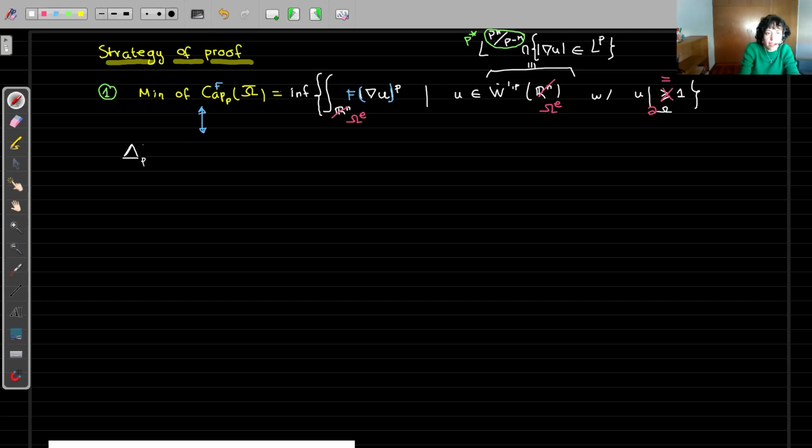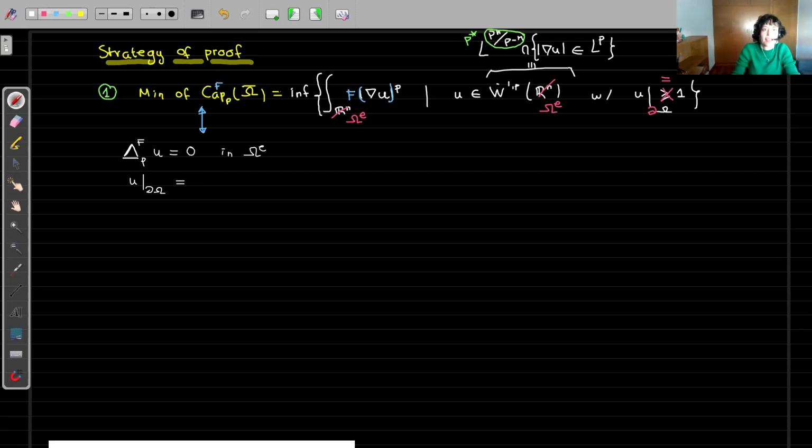I'm not going to write again what it was. The P Laplacian of u equals 0 in omega exterior, with boundary condition u restricted to the boundary, all these equalities in the trace sense.